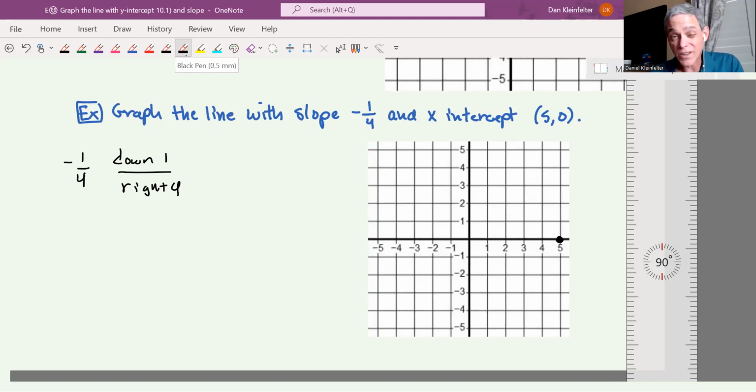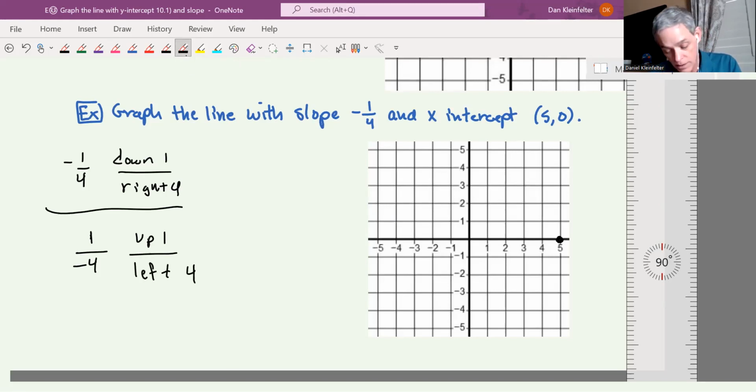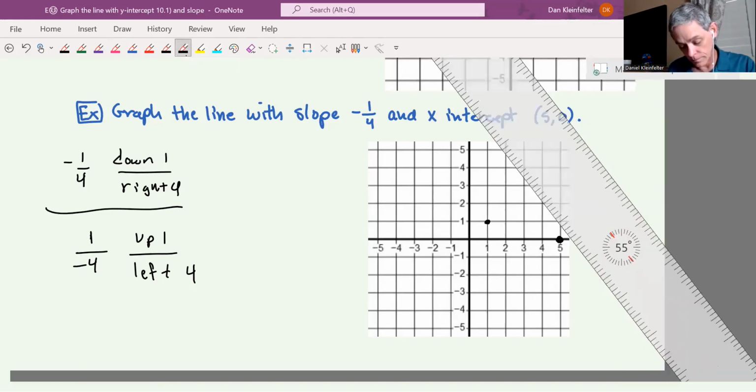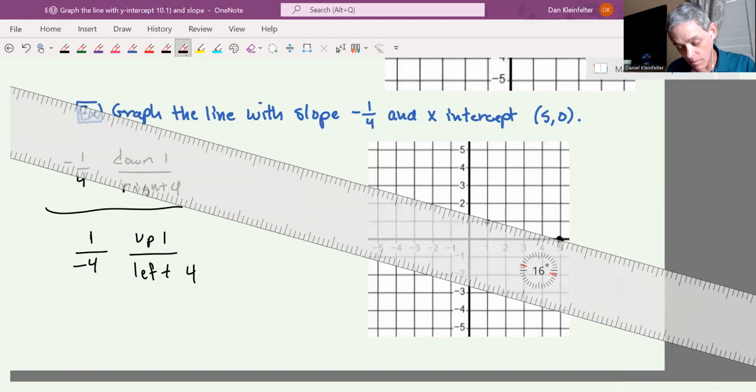And so while there's nothing wrong with the math, in a practical sense, it'll be easier if I go up and left. So we'll look at this as up 1 and then left 4. Okay, so let me go up 1 and left 4. That will take us to the point (1, 1).